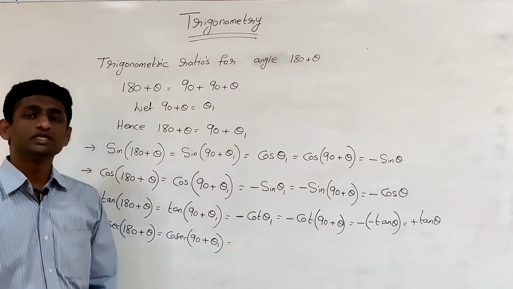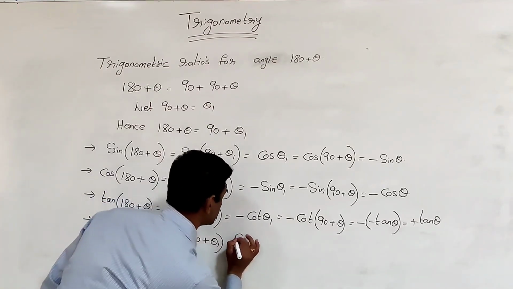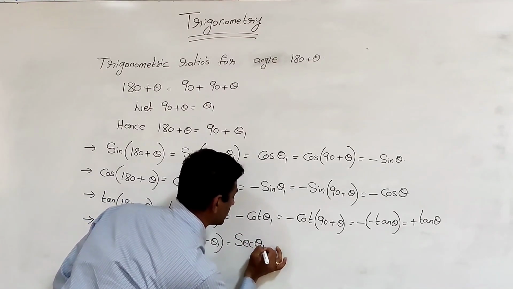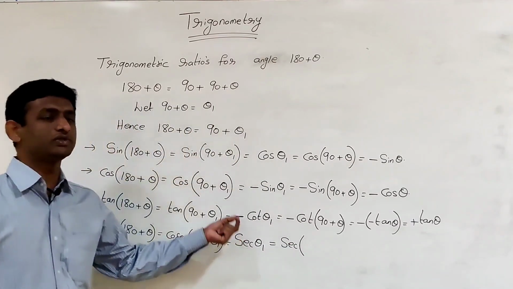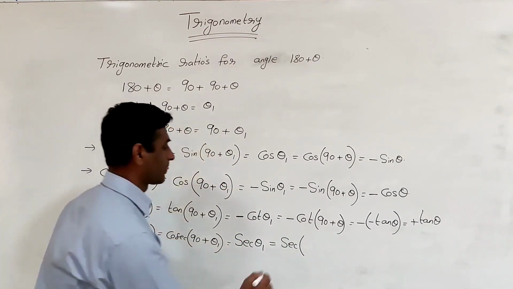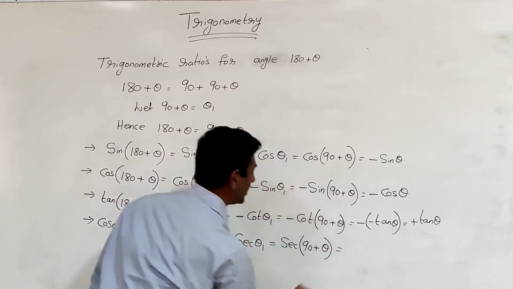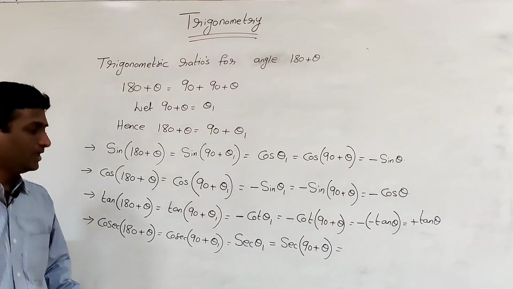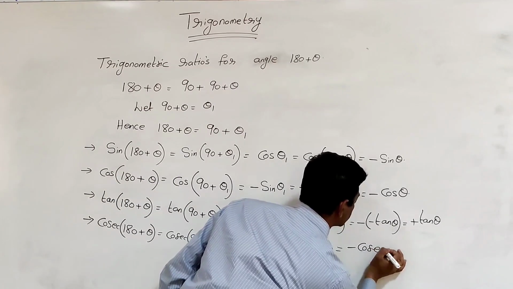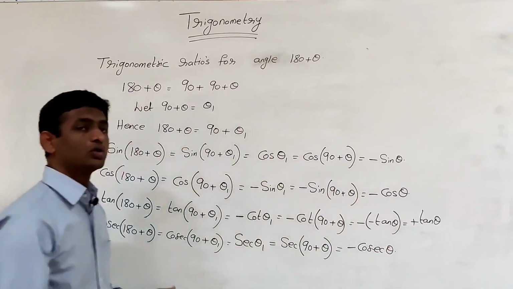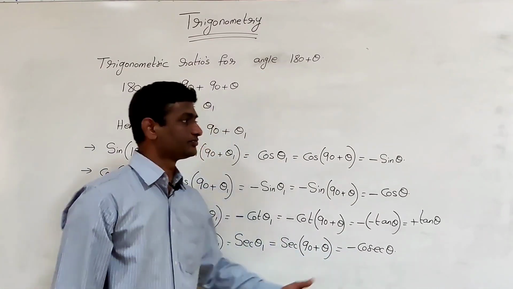Cosecant of 90 plus theta 1 gives secant theta 1, where theta 1 is replaced with our value 90 plus theta, but secant of 90 plus theta will be minus cosecant theta. So cosecant of 180 plus theta is minus cosecant theta.